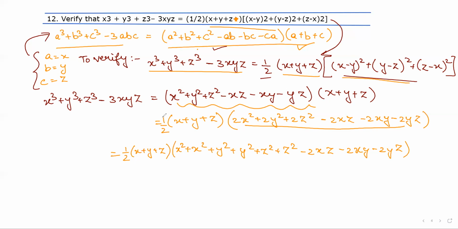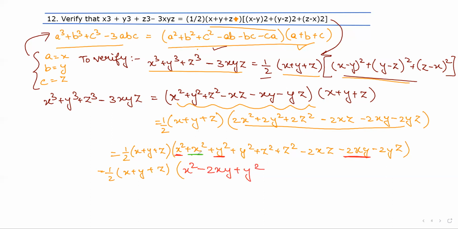Means here you have 1 by 2 x plus y plus z as it is, x square, y square and 2xy. This looks something like x minus y whole square, but I'm writing it separately. X square minus 2xy plus y square.